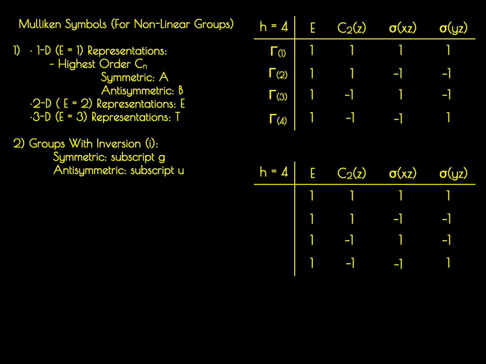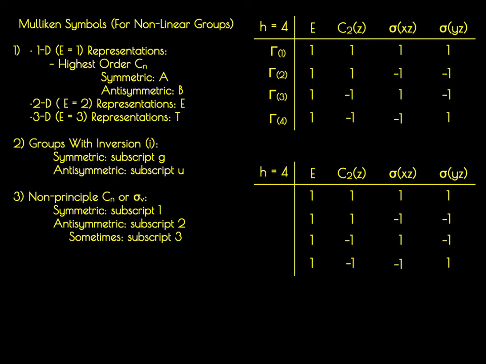So moving along, we can look at a non-principal Cn axis, so a perpendicular C2 axis or a mirror plane. And you look at the first one that's listed in the character table. If you're symmetric with respect to that axis or mirror plane, you give it a subscript of 1. If you're anti-symmetric, you give it a subscript of 2. Most of the time, that's enough to distinguish between different representations.